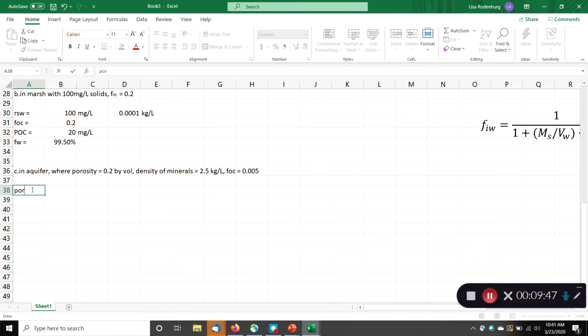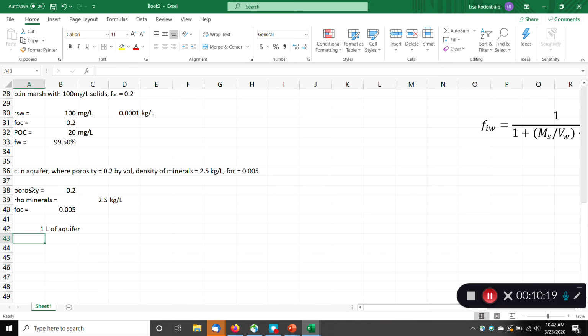So let's see. Whenever you don't know what to do, you play for time by typing out all of your knowns. So porosity is 0.2. Density, which is rho of the minerals, 2.5 kilograms per liter. FOC 0.005. Okay, so 1 liter of aquifer, if the porosity is 0.2, then that means 0.2 liters of water.